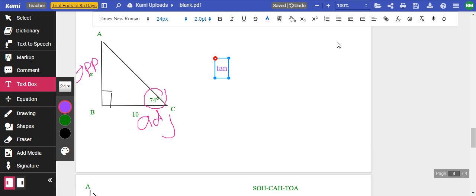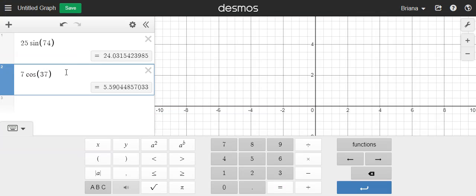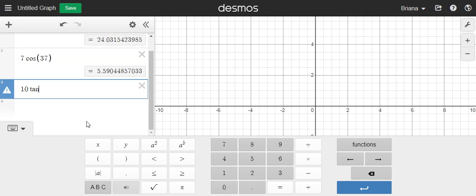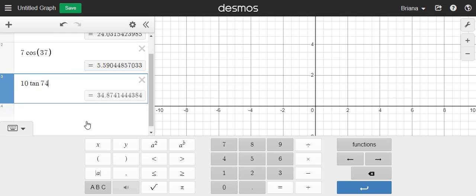So tangent of 74, remember you put in the angle, then you put an equal sign. Then we're going to put opposite x over adjacent 10. 10 is on the bottom, so I multiply both sides, so I get 10 tan 74 equals x. So I plug it into my graphing calculator, and again, that's 10 tan 74.